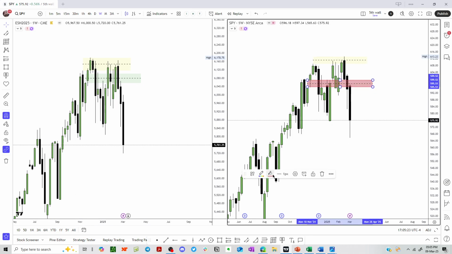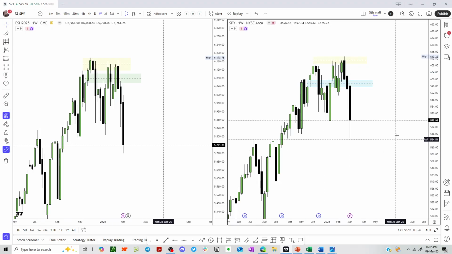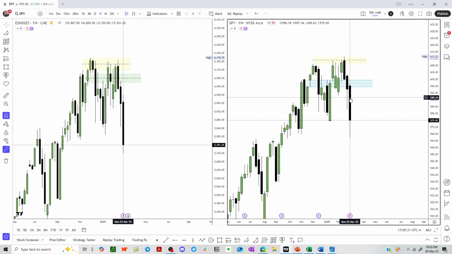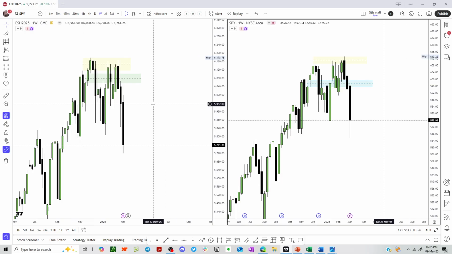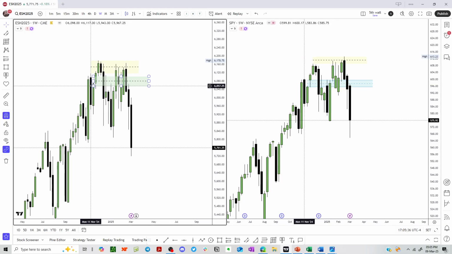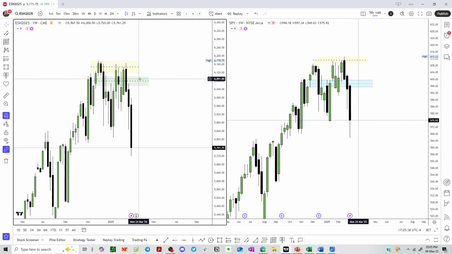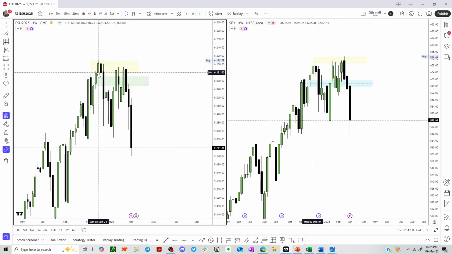But so anyway, so we have this violated fair value gap here. We have an order block here. The whole thing is an order block.